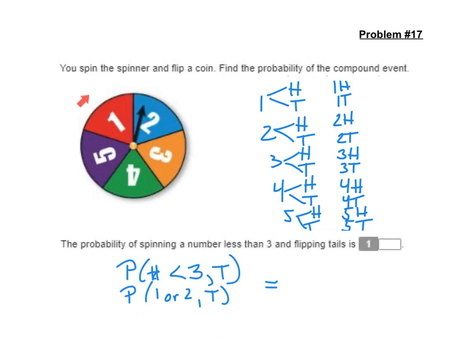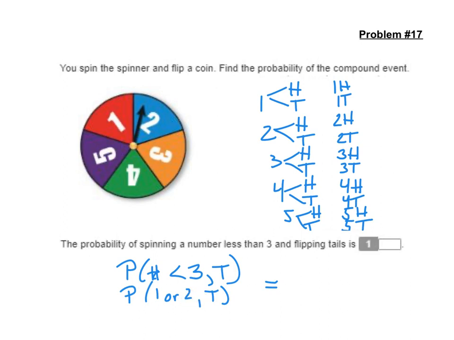Okay, same events happening. You're going to spin the spinner and flip a coin. We have the same tree diagram, same outcomes. This time we want to know the probability of spinning a number less than 3 and flipping tails. So a number less than 3 would mean you're looking for a 1 or 2 on the spinner and tails.